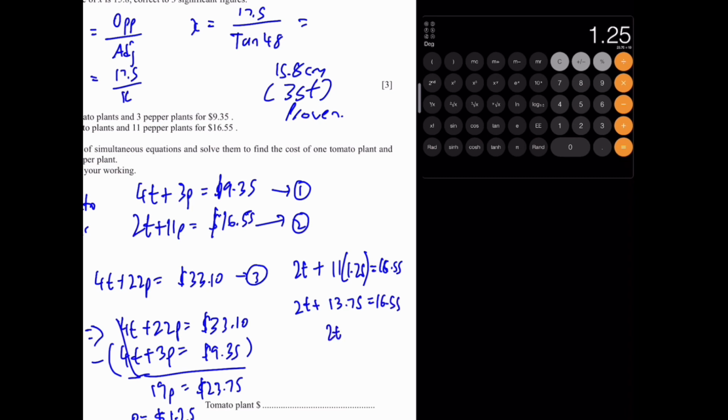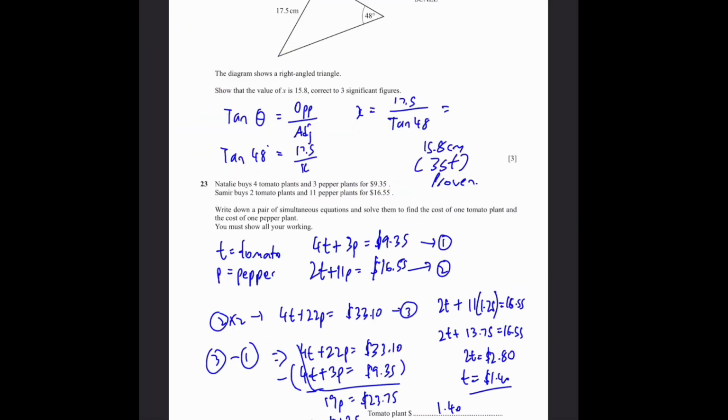Now 2T is equal to 16.55 minus 13.75, which is equal to $2.80. And T is equal to 2.80 divided by 2, which is $1.40. So a tomato plant is $1.40 and a pepper plant is $1.25. That's the answer.